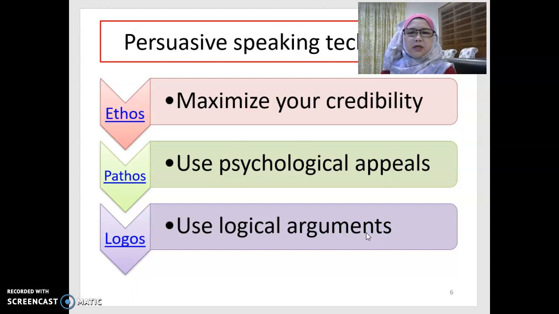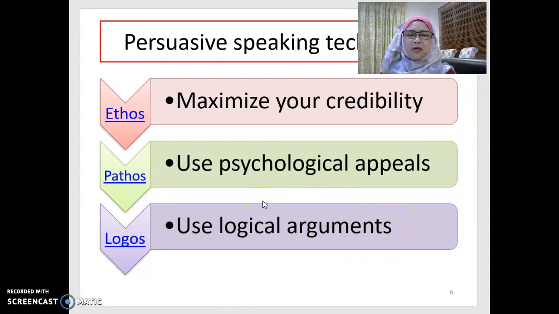It could come from previous customers, or from anyone who has used the product or your service. It can also be evidence in terms of statistics, numbers, or people's opinions about your product. So that is the logical part of the speaking technique.